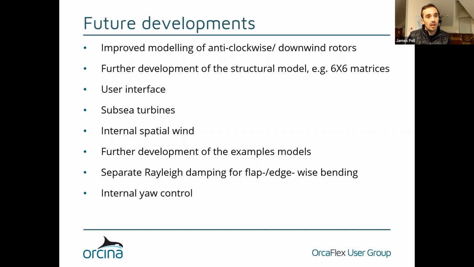But just FYI, we are updating the controller example package that we distribute to try and keep closer in step with the Rosco developments. Also, we've added recently this year a little yaw control example, but using constraints. I think it'd be much cleaner to do it within the OrcaFlex object. So if that's something you're interested in as well, then please let us know. So that's where we might be going, but like I say, it's dependent on your feedback.